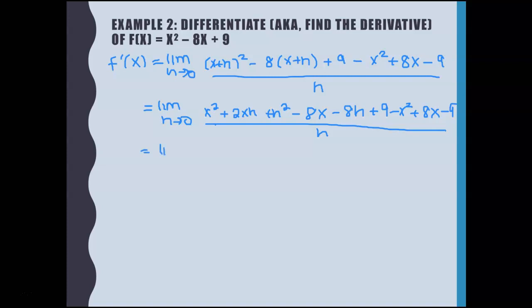Equals the limit as h approaches 0. Simplifying out, you get rid of your x squareds, your 9s, your 8x's, so that leaves 2xh plus h squared minus 8h all over h.